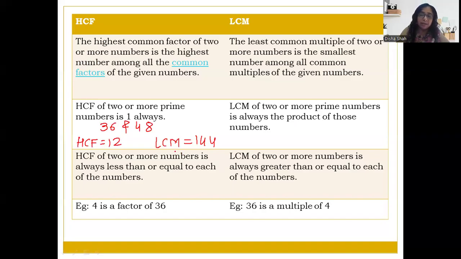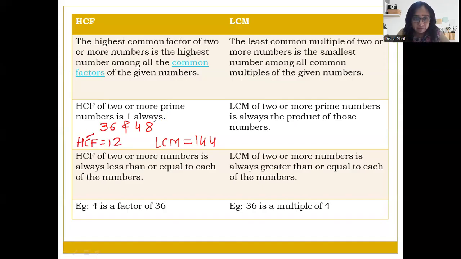Similarly, LCM can never be smaller than the number. आप सोचो खुद ही कि अगर हम 7 का टेबल बोल रहे हैं, 7 के मल्टीपल्स लिख रहे हैं, तो मल्टीपल तो उनसे 7 से ज्यादा ही होंगे. So LCM is always greater than the number or maybe equal to the number, but it can never be smaller than the number. So 36 and 48 का LCM कभी भी 48 से छोटा हो ही नहीं सकता.